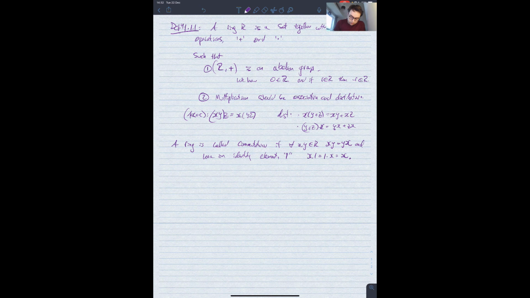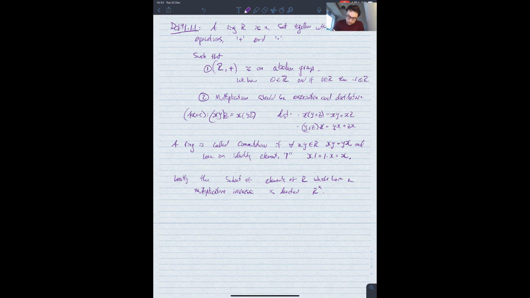And the last thing I want to write is, lastly, the subset of elements of R which have a multiplicative inverse is denoted by R with a little cross like this.